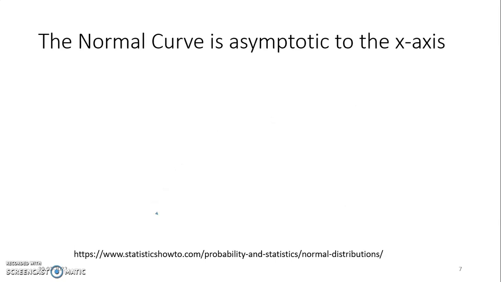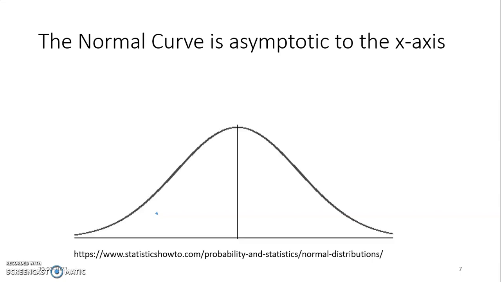The normal curve is asymptotic to the x-axis. What is an asymptote? We'll see. This is a normal curve. If you look towards the x-axis, the curve keeps on decreasing in height, slowly going towards the x-axis. So the normal curve approaches the horizontal axis asymptotically. Asymptotically means the curve continues to decrease.